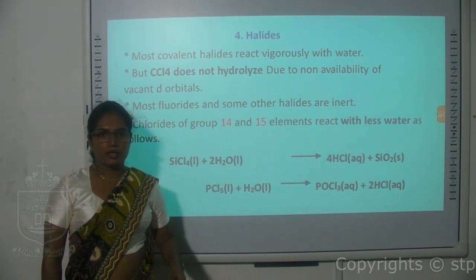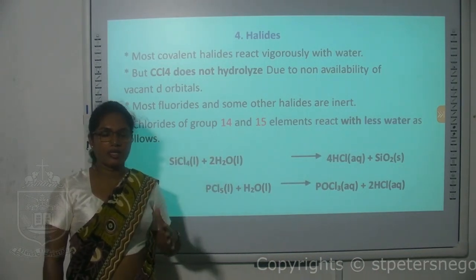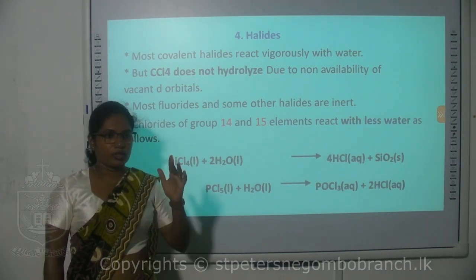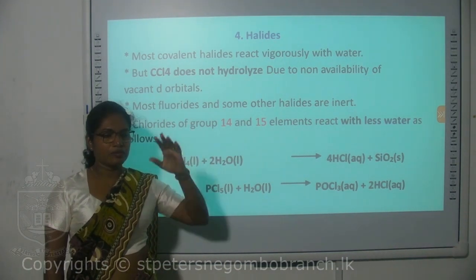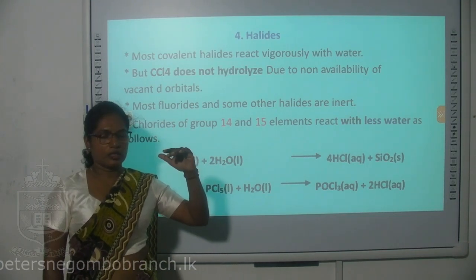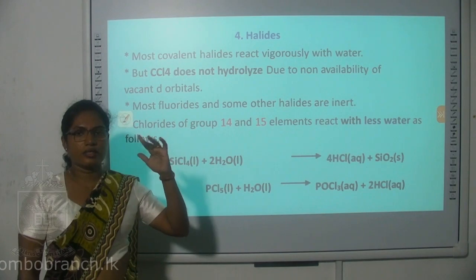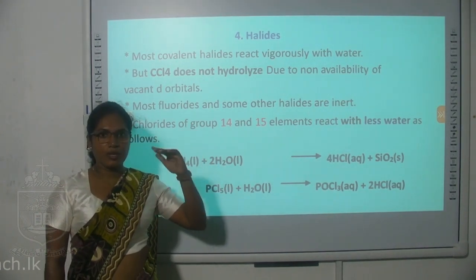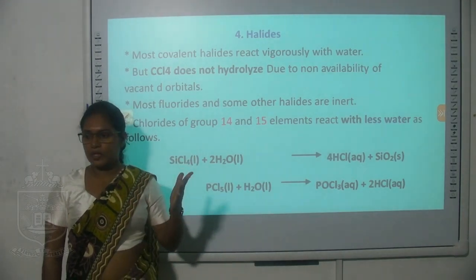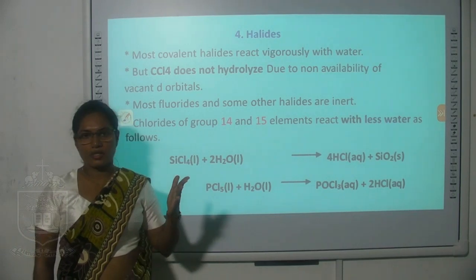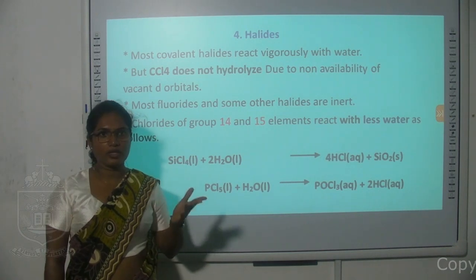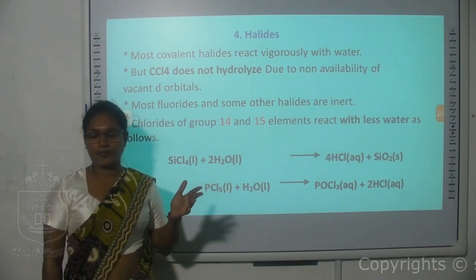There's a reason, because all other elements in group 17 consist of d electrons. As you know, when we go from top to bottom in group 17, fluorine and chlorine do not have d electrons, but bromine and iodine do. So due to non-availability of d orbitals, carbon tetrachloride cannot hydrolyze or react with water.